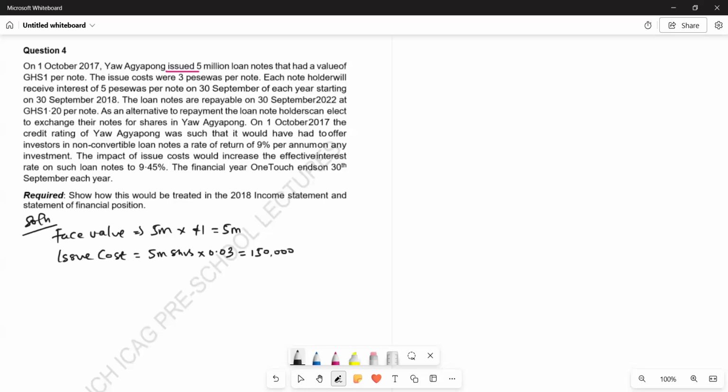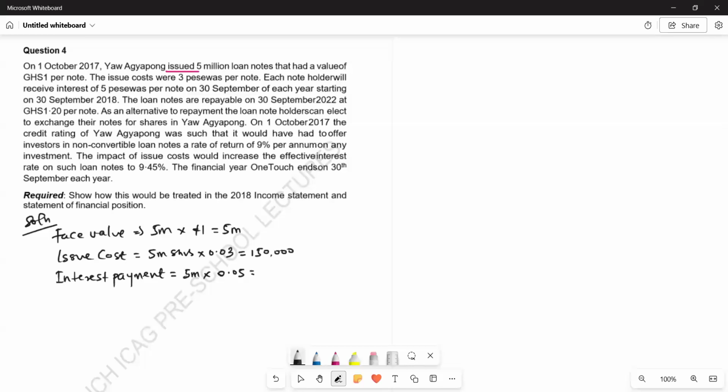Each note holder will receive interest of 5% per note on 30th September of each year, starting on 30th September 2018. Instead of giving us the coupon rate, they give us the interest payment per note, which is 5 pesewas. So 5 million notes times 0.05.